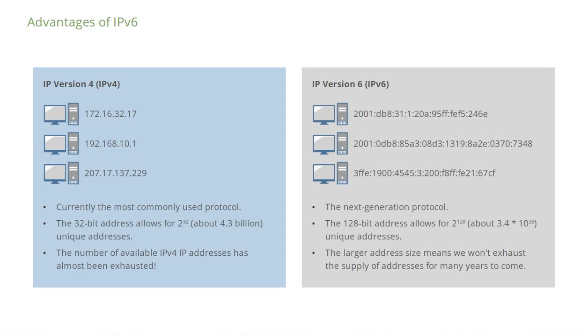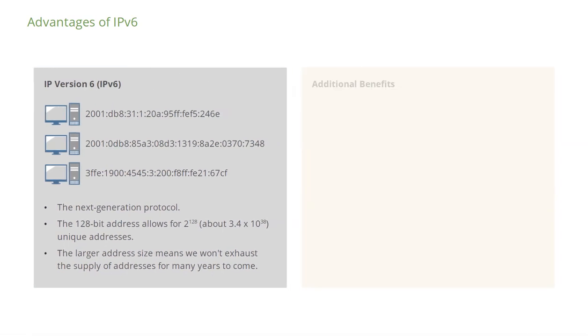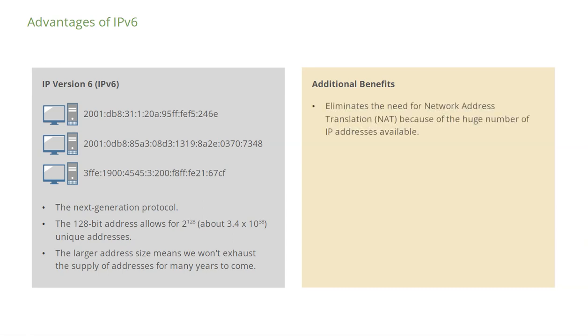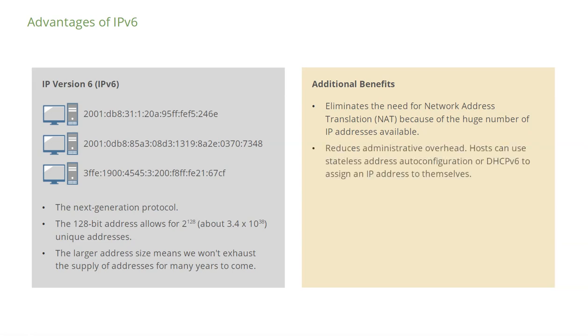Although address exhaustion was a major reason for development of IPv6, it provides several other improvements over IPv4 as well. IPv6 eliminates the need for Network Address Translation, or NAT, which in IPv4 allows multiple private IP addresses to be hidden behind a single address. With the huge number of IP addresses available in IPv6, NAT isn't needed or supported. IPv6 reduces administrative overhead.